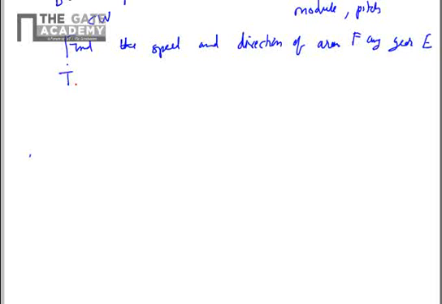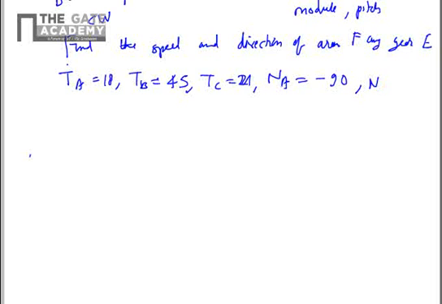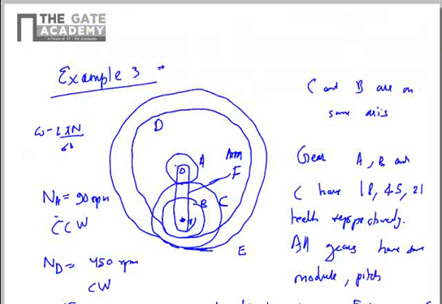We are provided with these values: TA is equal to 18, TB is equal to 45, TC is equal to 21. Angular speed of A is minus 90 because it's counterclockwise. Now we are taking clockwise as positive. Angular speed of D is 450 RPM, clockwise being positive.